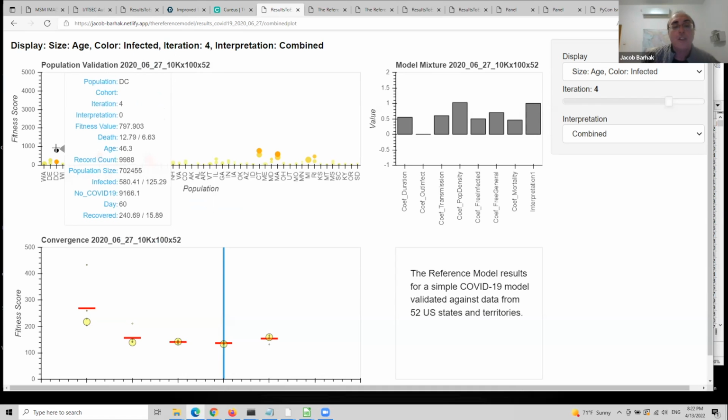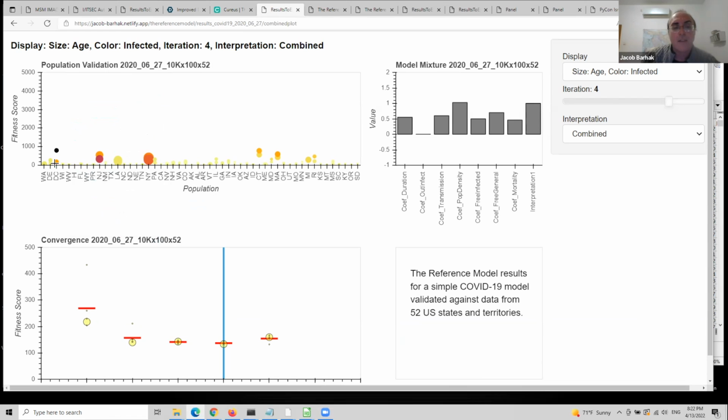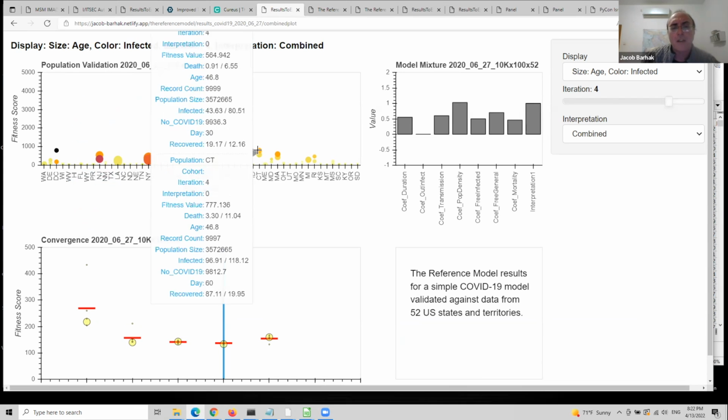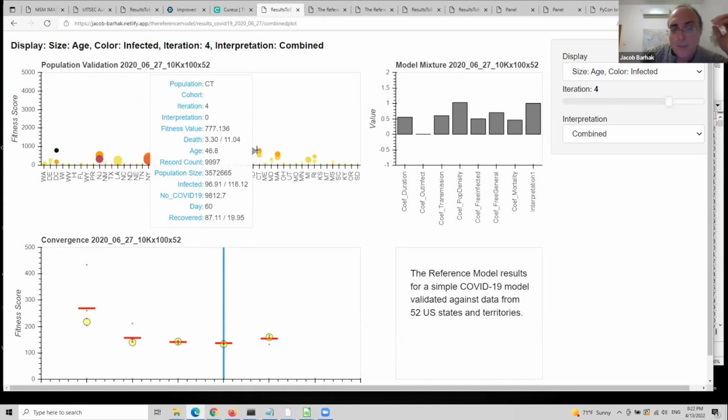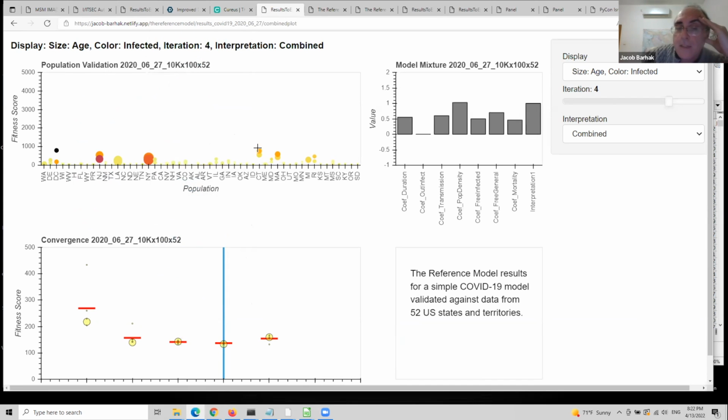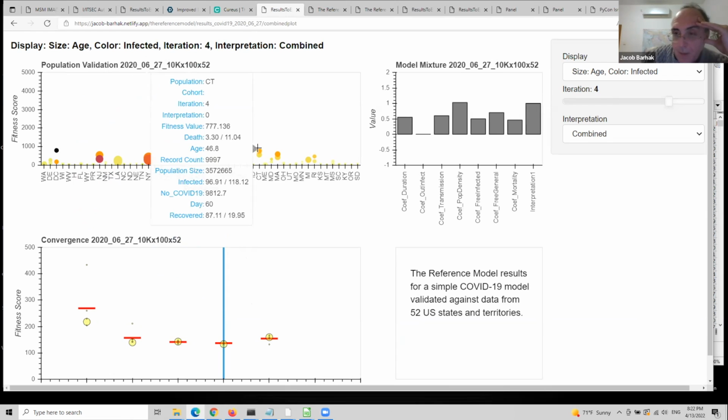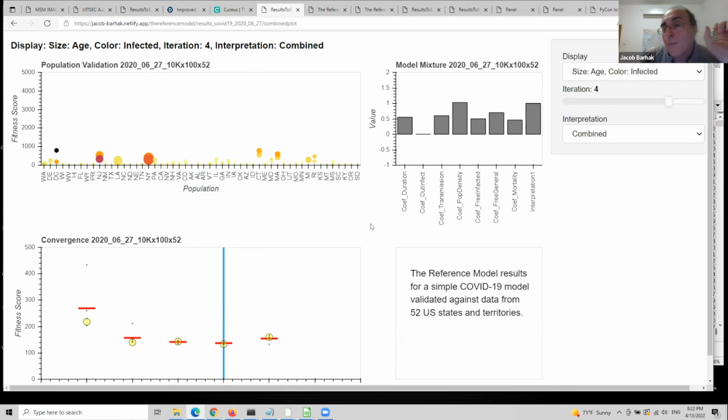Here I have only 2 time steps that I'm comparing, 30 days and 60 days, in this simulation. So I'm trying to explain 2 months at the beginning of the pandemic, when this was all the data that we had. I took 2 points in time and I'm trying to match them with multiple models.